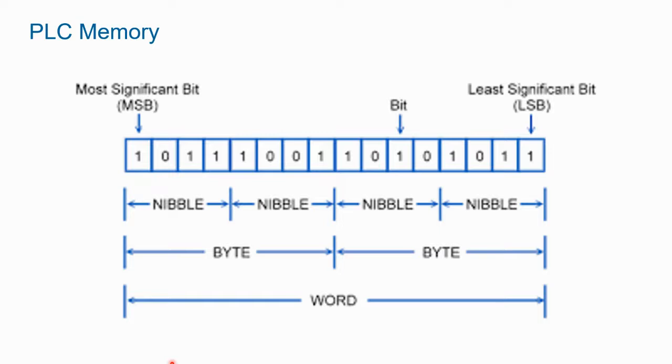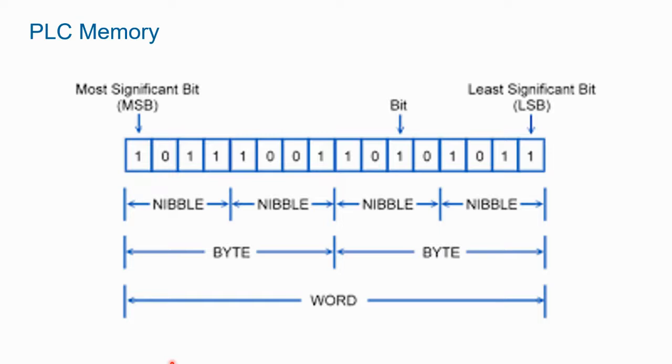The PLC was born out of microprocessors and computer science, so there's a lot of holdover, shall we say, from the computer science world. So the concepts of binary numbers and bits, bytes, and words are very much used in the PLC.